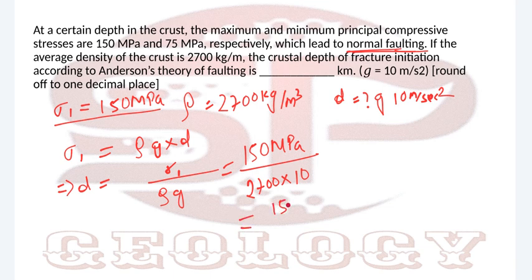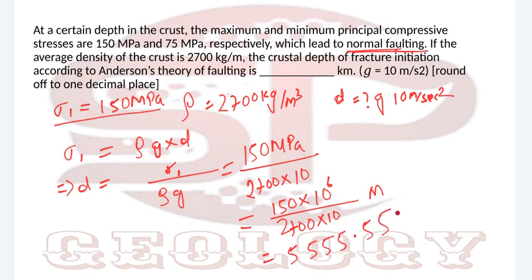Just convert the MPa into Pascal, 10 to the 6 Pascal, divided by 2700 into 10, which will be in meters. It will be 5.55 kilometers, since the answer is asked in kilometers, so 5.5 kilometers.